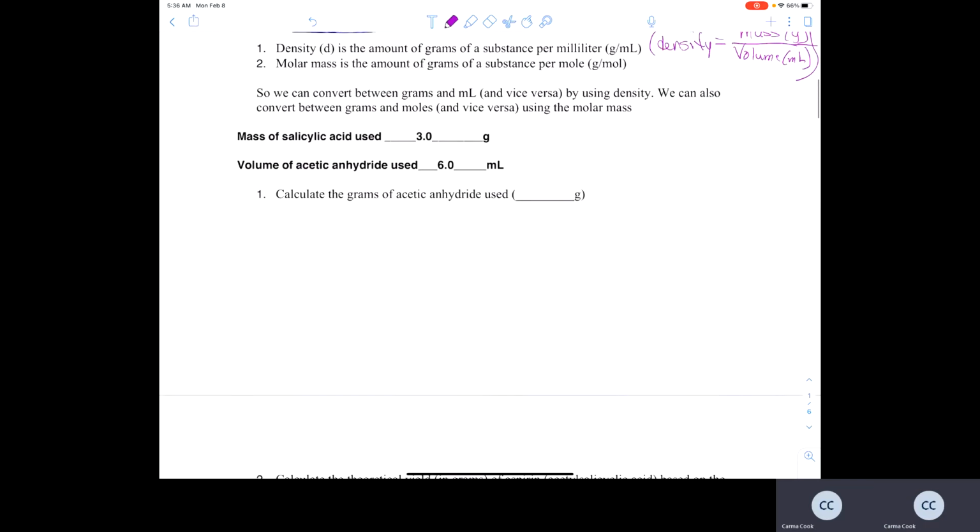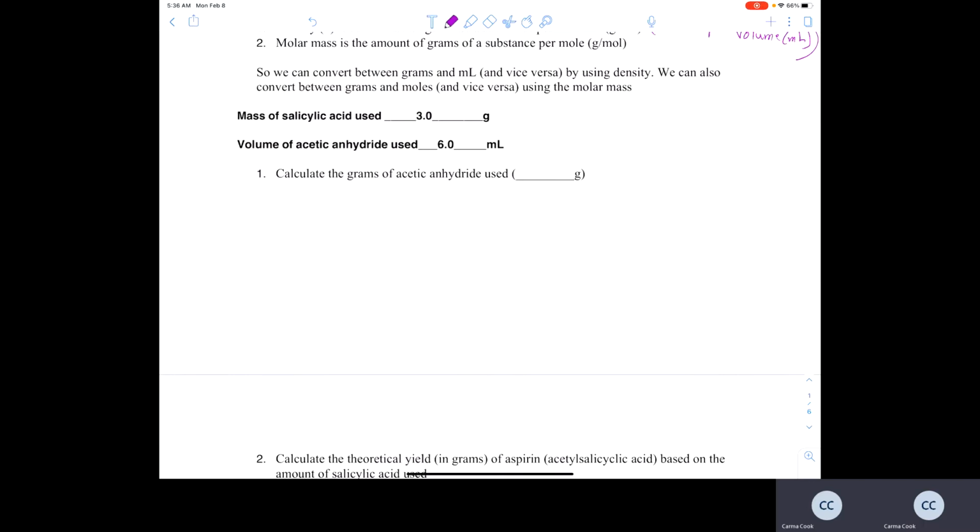And so in our example of synthesis of aspirin, we've got grams of the salicylic acid reactant, but we have milliliters of the acetic anhydride reactant. So we need both of them to be in grams. So we need to convert the milliliters of acetic anhydride into grams.